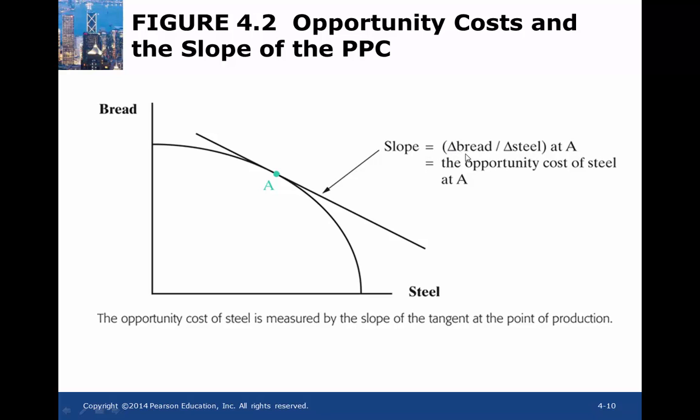So slope is equal to delta bread divided by delta steel at A. And you can see that is equal to the opportunity cost of steel at A. Opportunity cost of steel is measured by the slope of the tangent at the point of production. You can see this tangent line, this line tangents at point A, and that shows the slope of the production possibility curve.